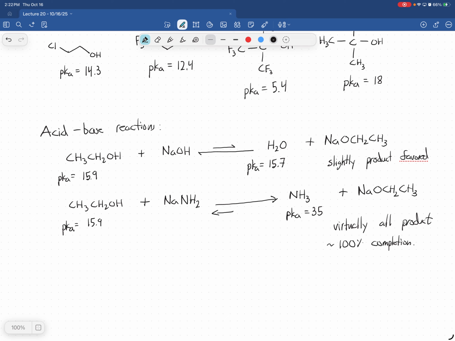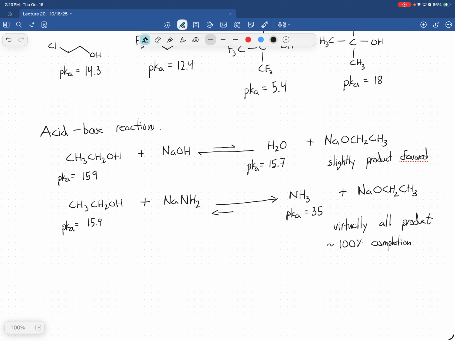Yes. For the top one, pKa of 15.9. Yes. Is that one the weaker acid? Yeah. So that's why. Yeah, that's the weaker acid. That's why I drew the arrow all the way to the left. It's not reactant favored. Yeah, so it's heavily reactant favored.